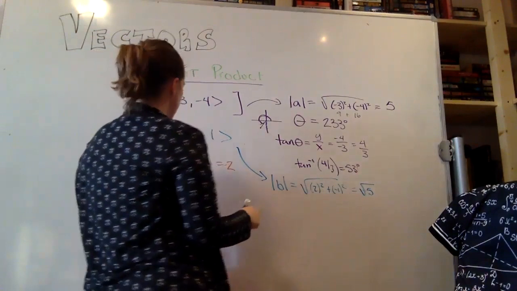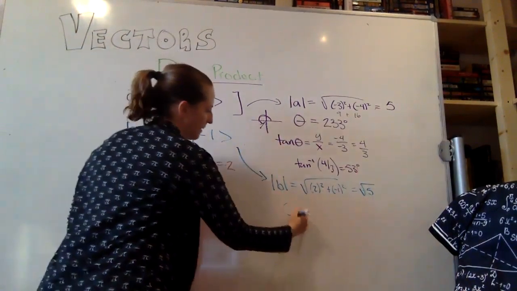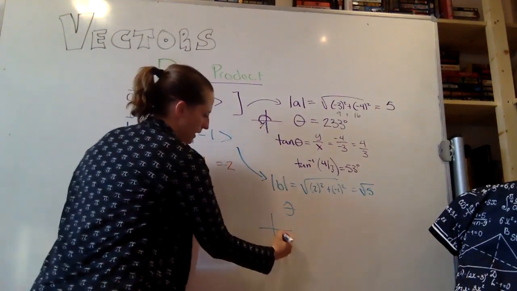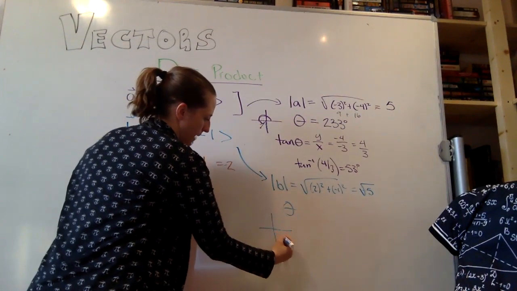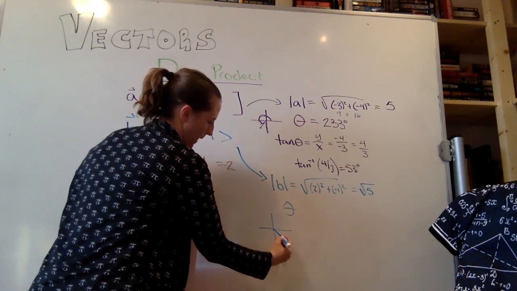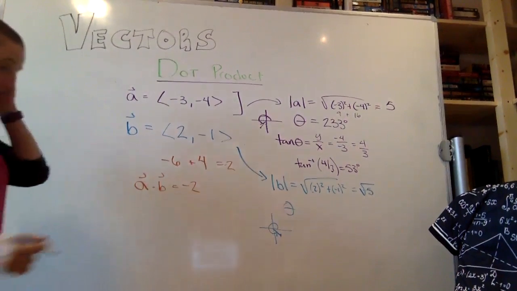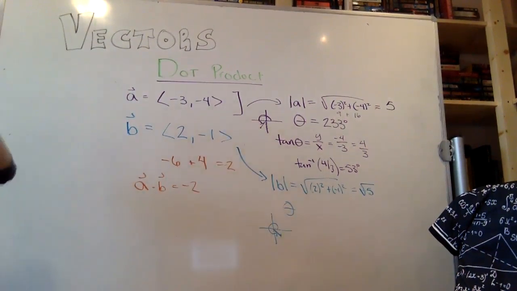Okay. Now let's think about our theta, our direction angle. So in this case, I have 2, -1. So that means my vector is in quadrant 4. So I expect my direction angle to get me to quadrant 4. If it doesn't, I'm going to have to do a little bit of adjusting.